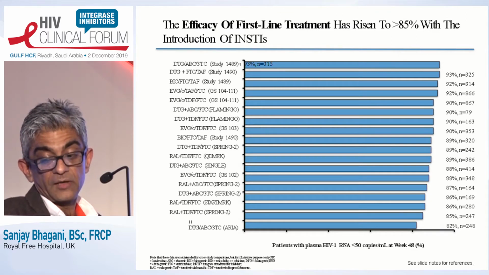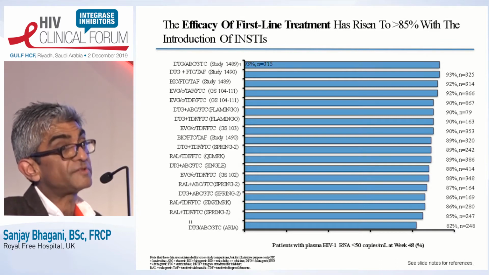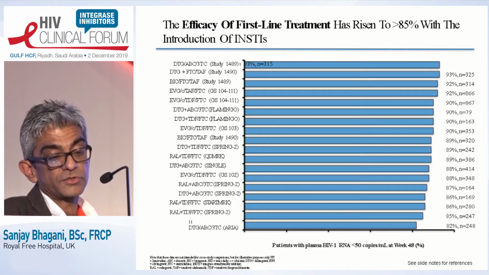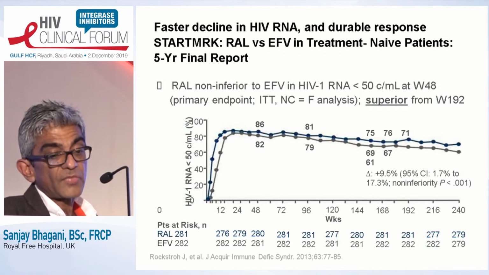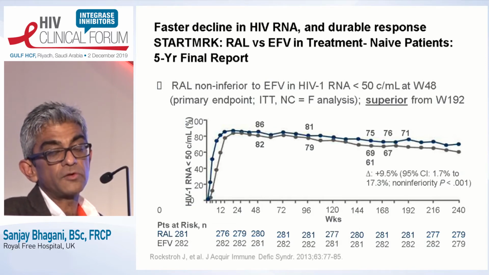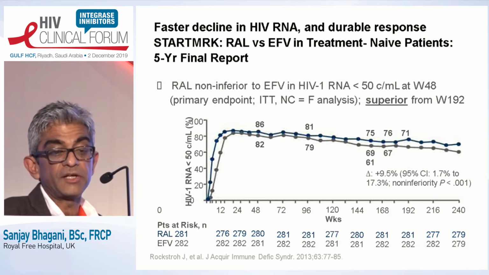You can see in most of these studies we're now looking at between 85 to 90% of patients achieving an undetectable viral load by week 48, and this is a completely new standard in terms of what we're starting to see in registration trials. Not only is it associated with a faster decline in HIV viral load, but the response appears certainly durable over a period of many years.